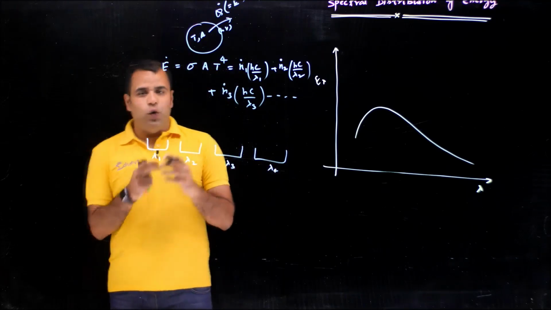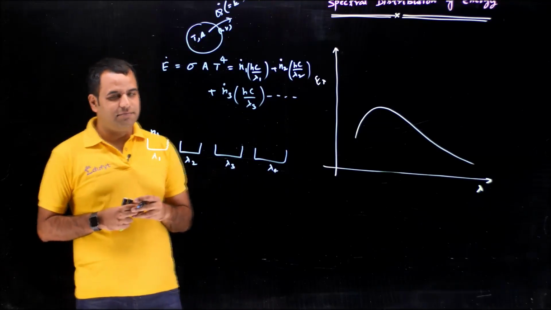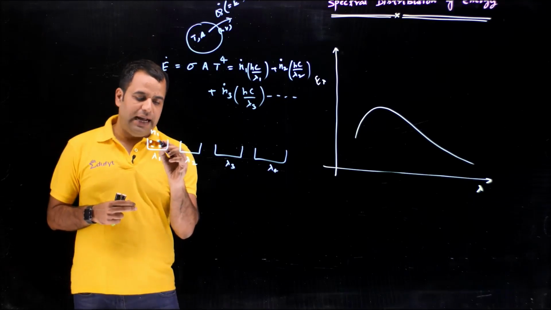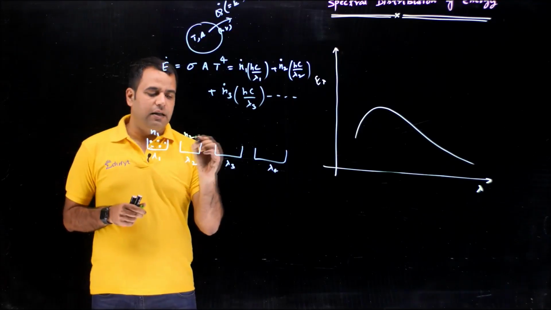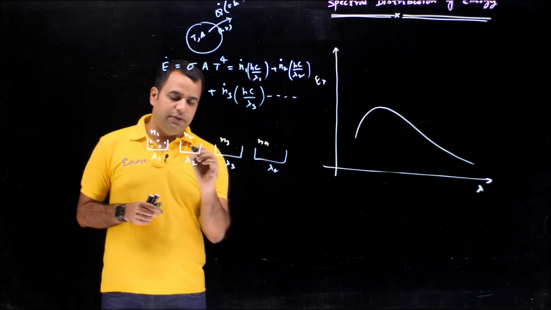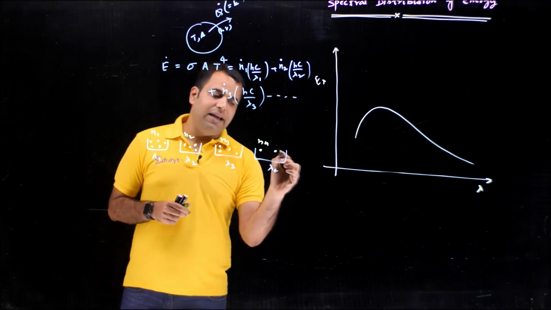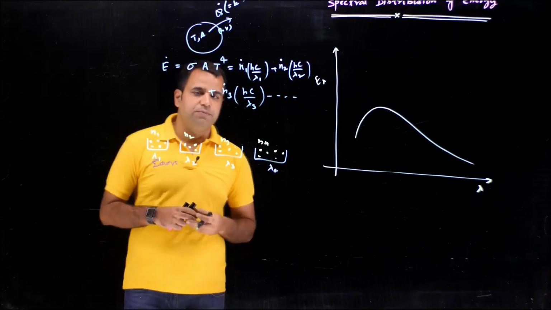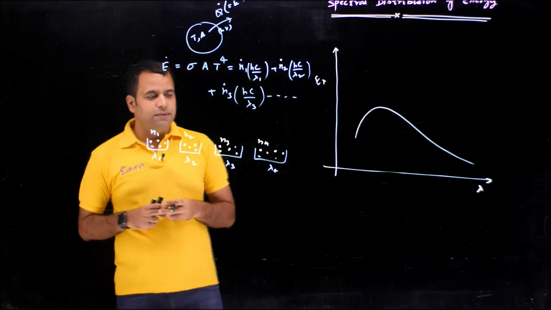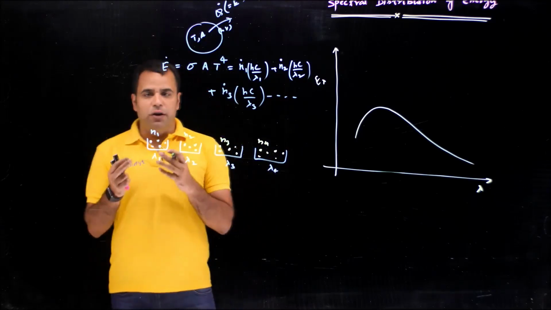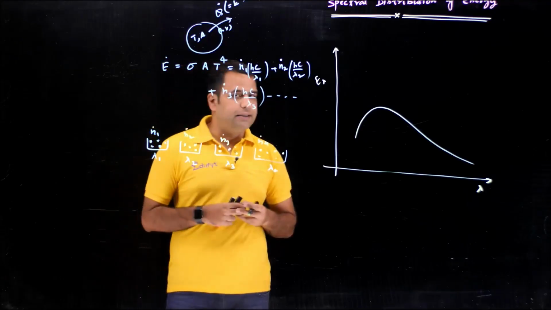Over a period delta t, we have placed n1 photons here, n2 photons here, n3 here, n4 here. So we have energy stored corresponding to these wavelengths, and these wavelengths will be very nearly closed. This n1 is the number of photons per unit second, and n2 also, so this is basically the rate.